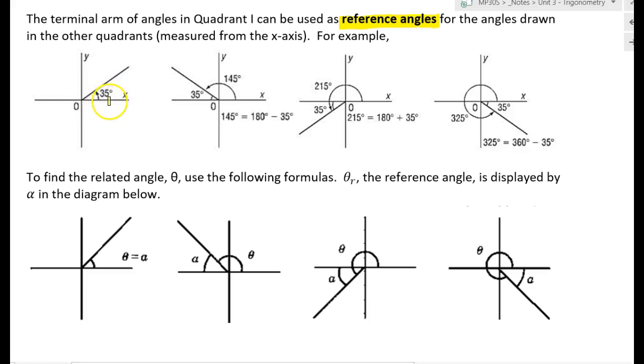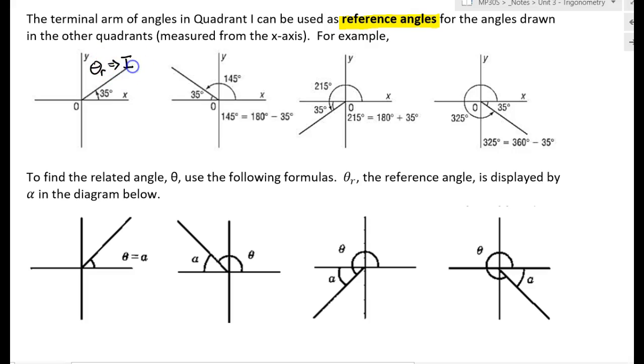So we see that 35 degrees is in quadrant 1. This is going to be our reference angle. Reference angles are always in quadrant 1. And so we represent it with this little theta r as a way of remembering that that's my reference angle.